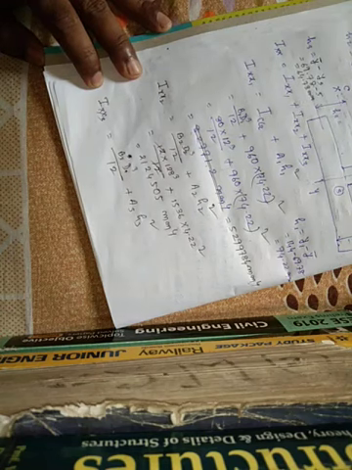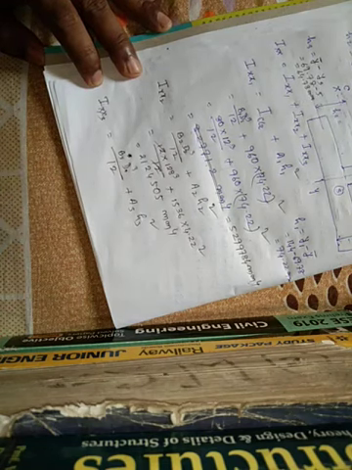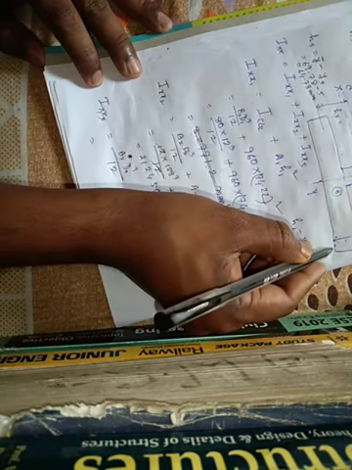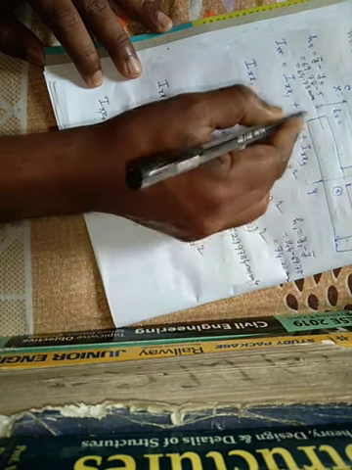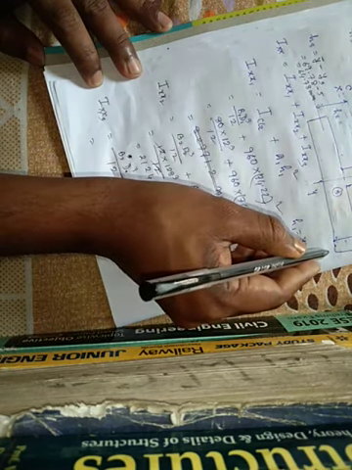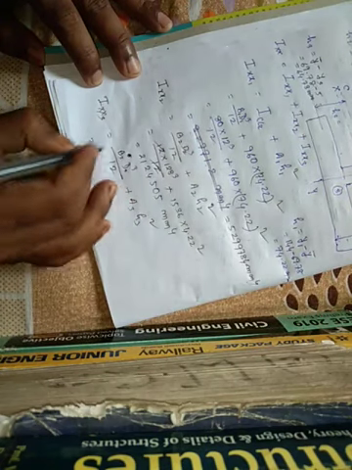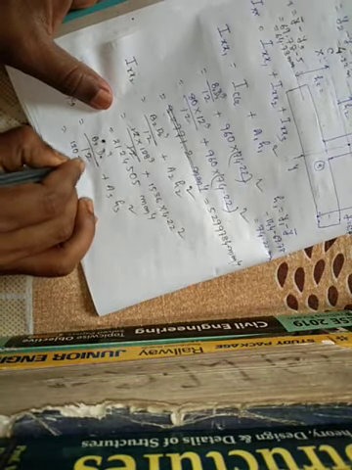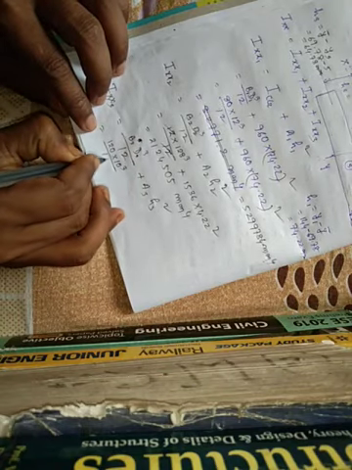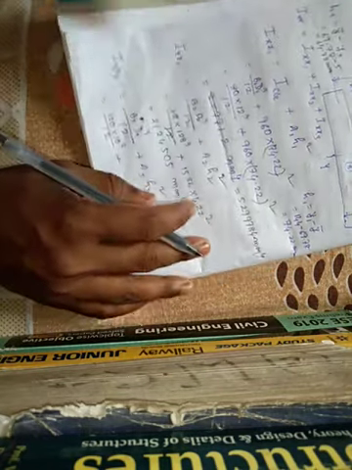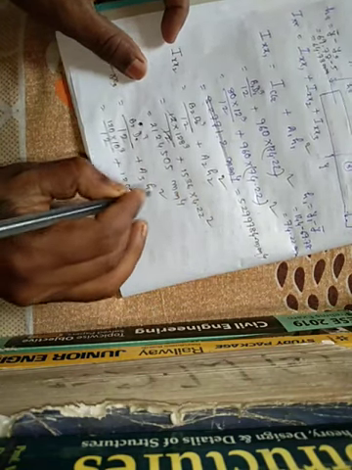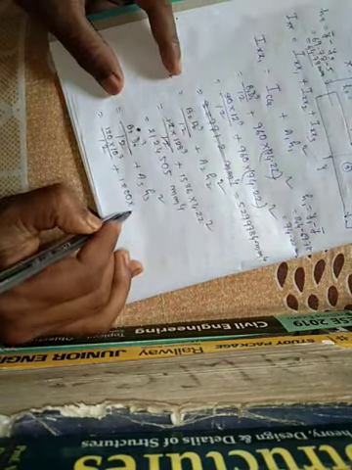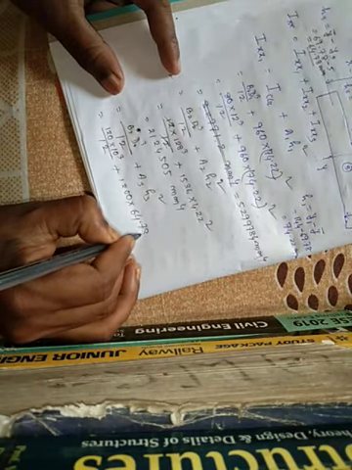Here b is the width of the bottom flange and d is the depth of the bottom flange. b equals 120, d equals 10, so 120 into 10 cube divided by 12 plus a3 equal to 1200 into h3, which is 64.78 square.